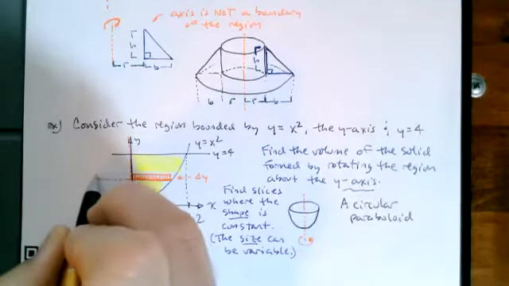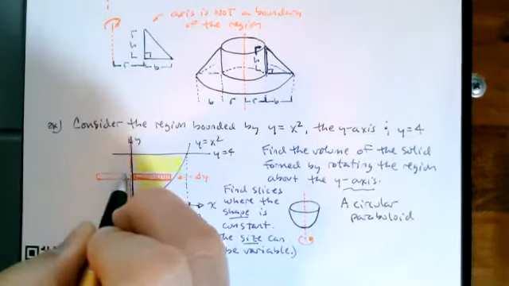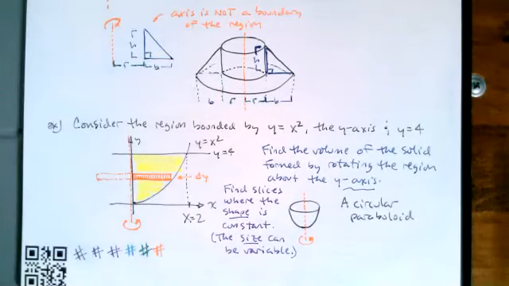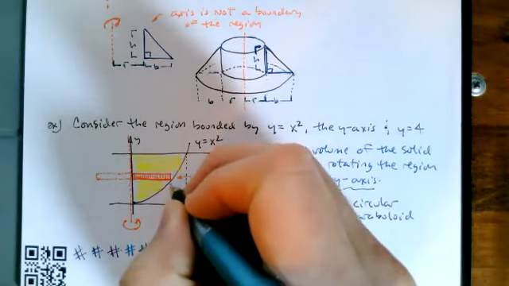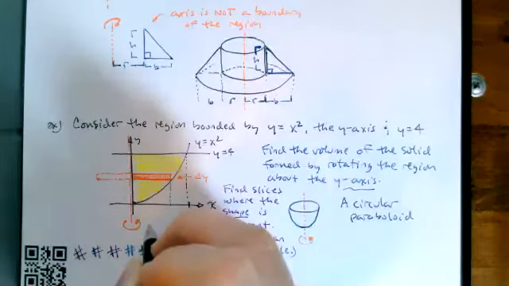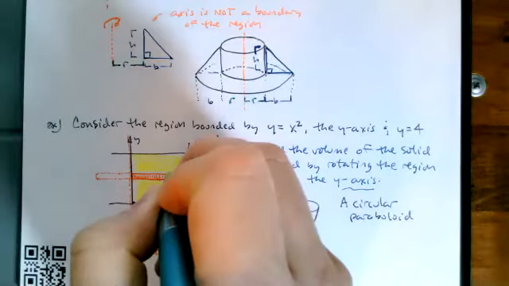That'll show up on the other side after we rotate. The other piece that we need is the radius of this slice, because it's a circle. And so here's the radius.